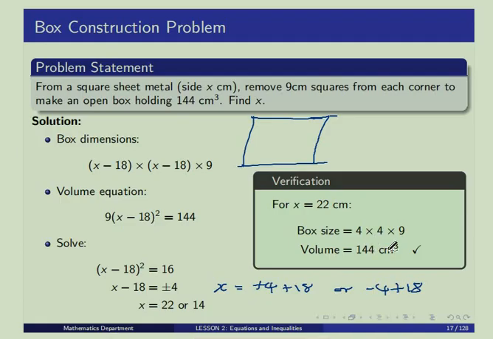And if you substitute for 14, this will be 14 minus 18 squared times 9. 14 minus 18 is minus 4, so this is minus 4 squared times 9, and this also gives you 144.